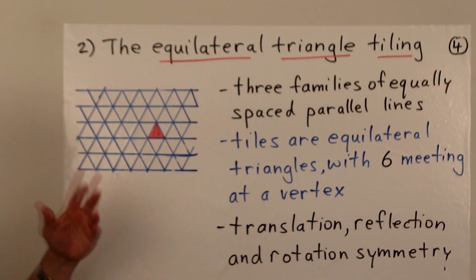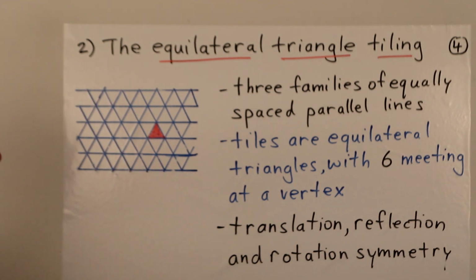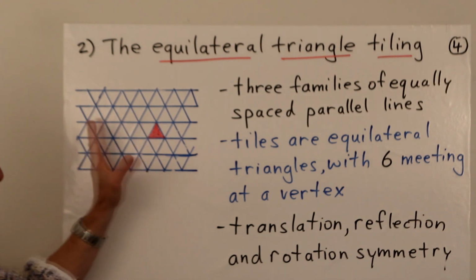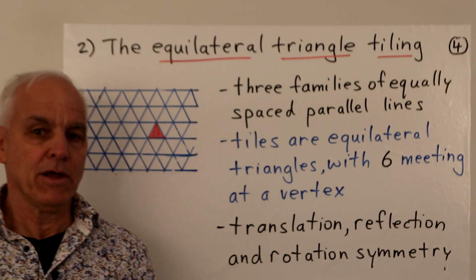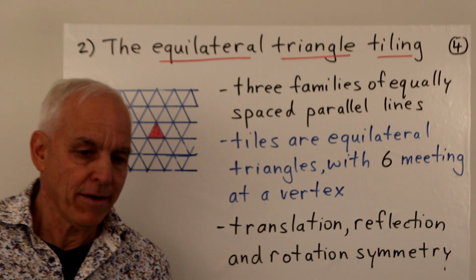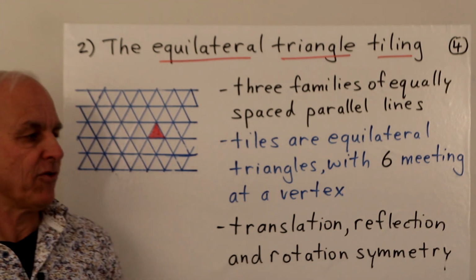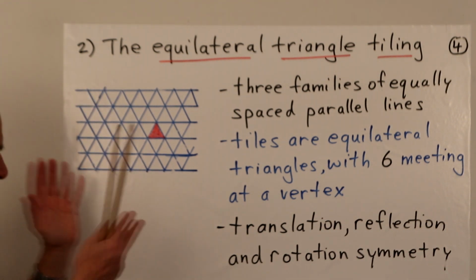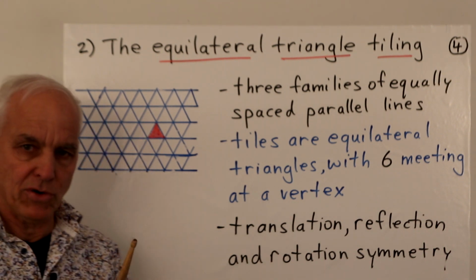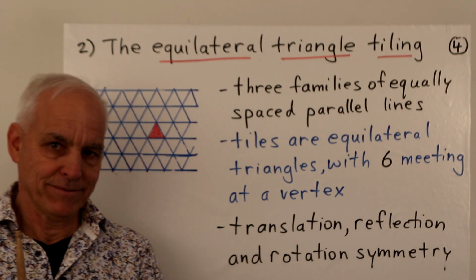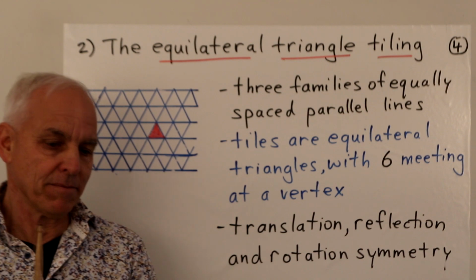And there's also rotational symmetry, and there's reflection symmetry as well. There's quite a lot to say about that, so we will be investigating that a little bit more once we learn more about symmetries. But just at this point, we recognize that it's a highly symmetrical situation. Very pleasant because of that.